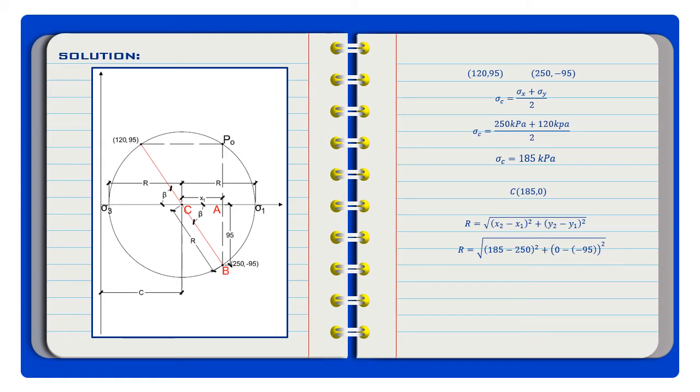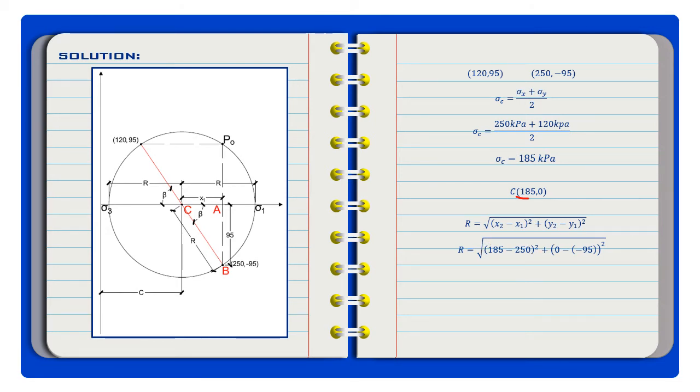So, for our radius, ang ginamit nating point will be yung lower side, ito. So, ginawa nating x sub 2 si 250. Si point C pala, which is the center of the circle. So, that will be yung 185, ima-minus sa 250. So, i-squared natin yon.